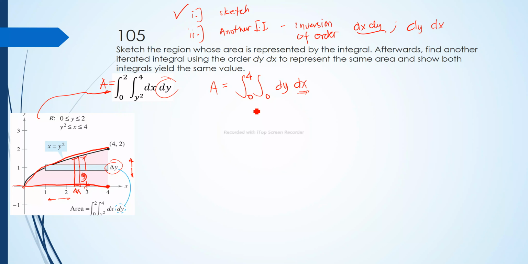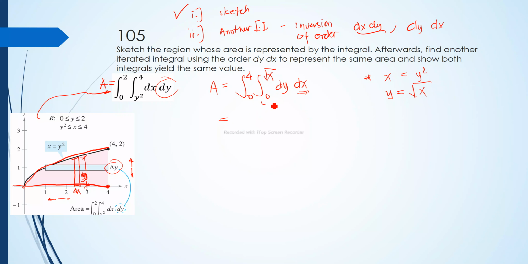So what is our upper limit? It is simply y. But we will not be using y, since x is equal to y squared. Therefore, our height is equal to square root of x. So the upper limit here is the square root of x.